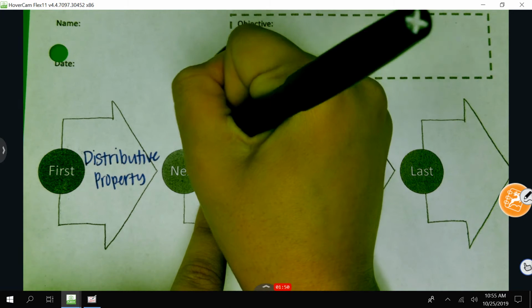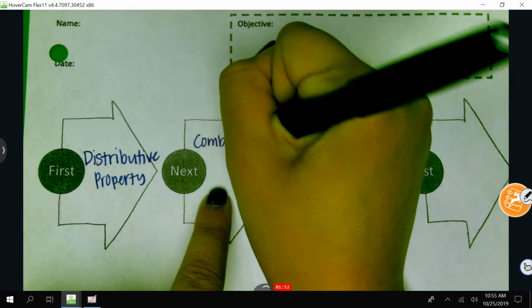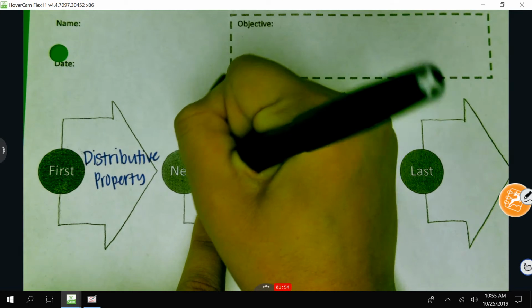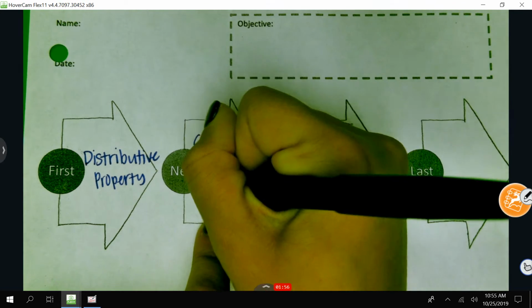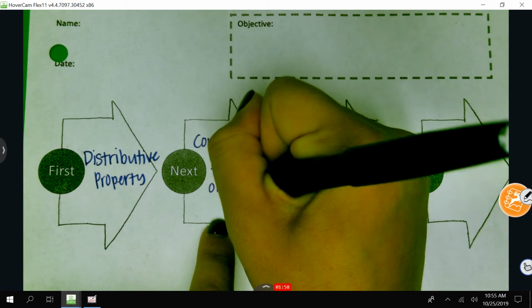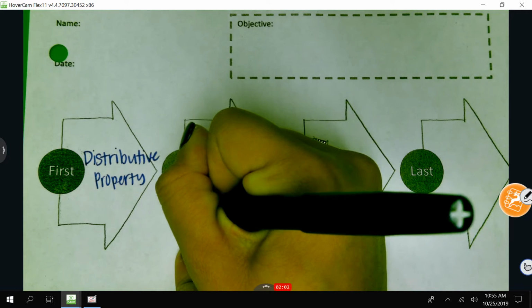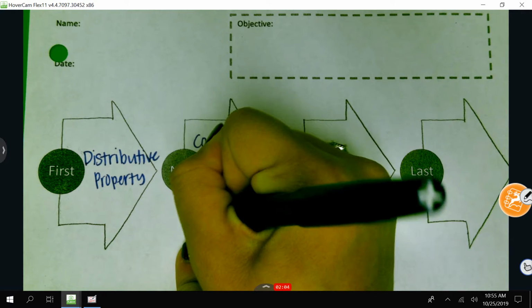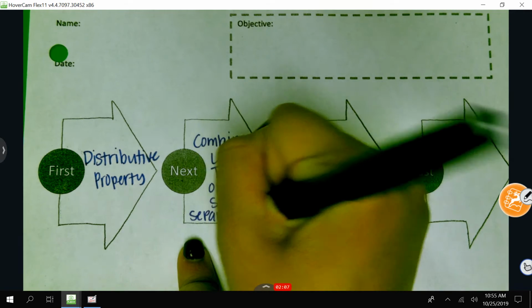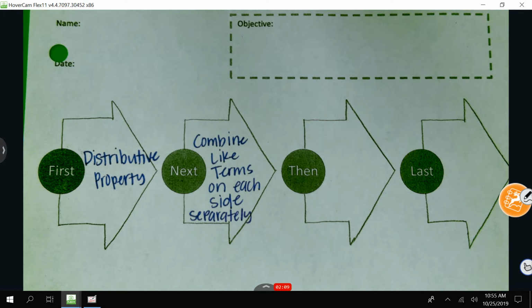So combine like terms on each side, separately, so we know to keep them separate. Only combine on the left, only combine on the right.